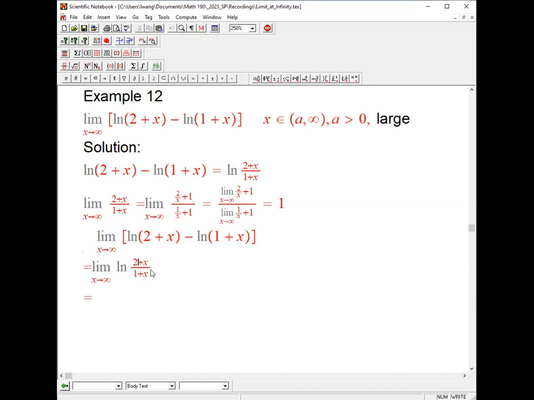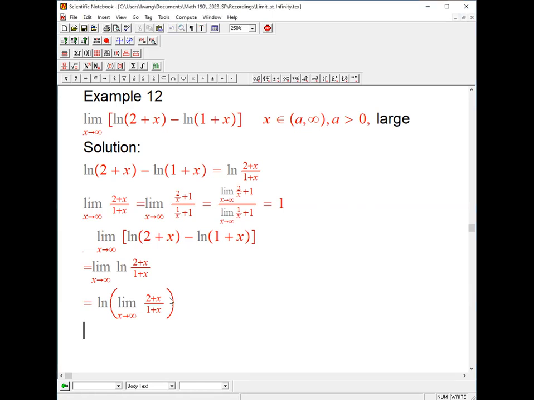So you have ln, and you bring the limit inside over here, put parentheses, just like we have the function here, just like this property, this theorem.